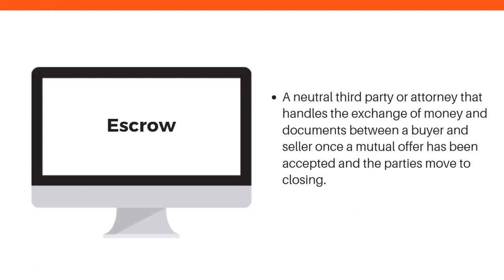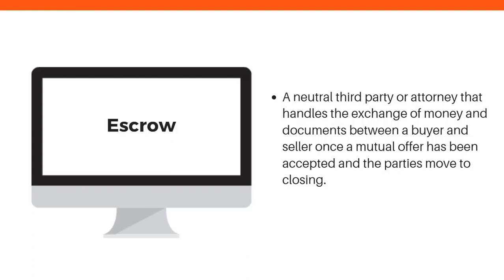All right, escrow. This is a neutral third party or an attorney that handles the exchange of money and documents between a buyer and seller once a mutual offer has been accepted and the parties move to closing. So escrow is basically the middleman. It's that escrow account where your money goes. That way it doesn't go directly to the seller right now. You have to wait. The seller can't access the funds until the deal has closed.